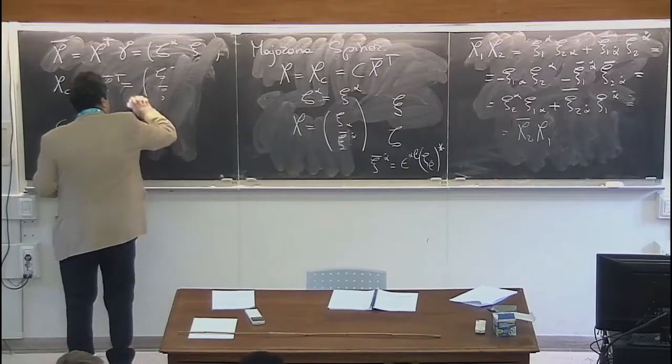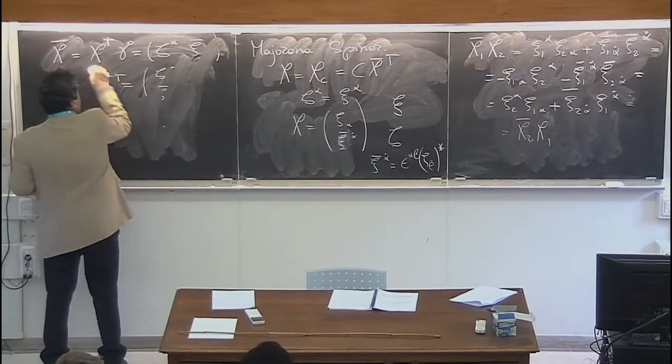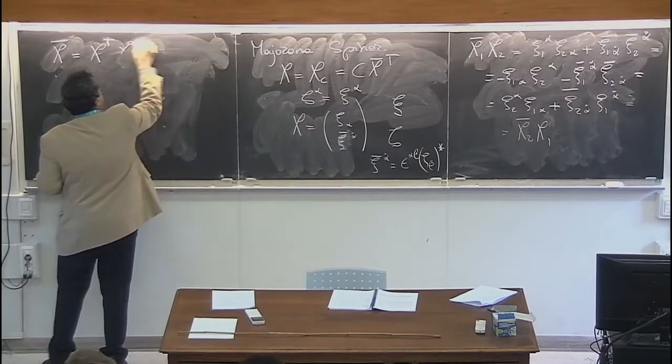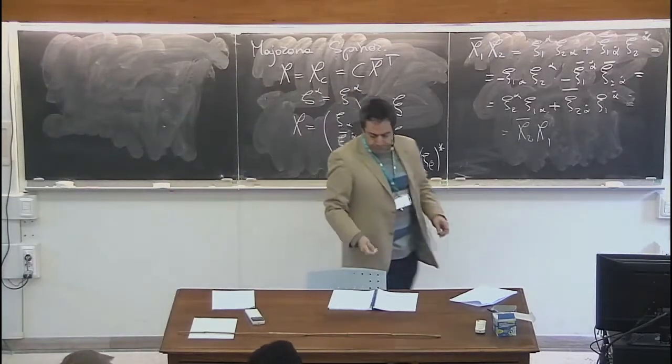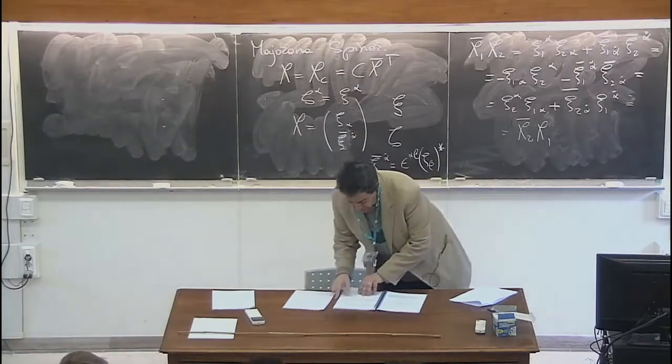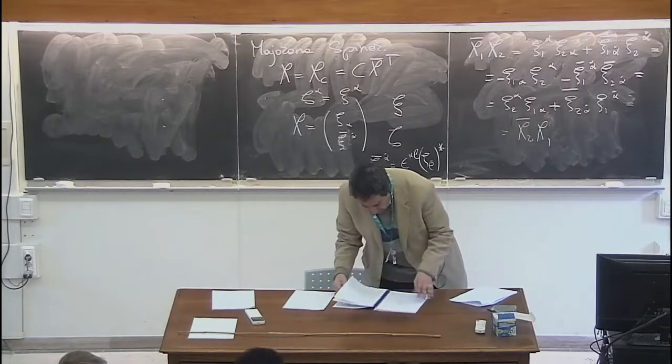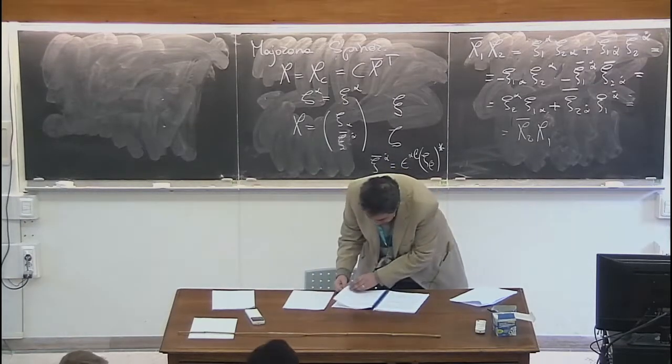In general, for non-Majorana, you have the following properties which you can easily verify, but which are useful when you do calculations. They're all in the appendix of my lecture notes.